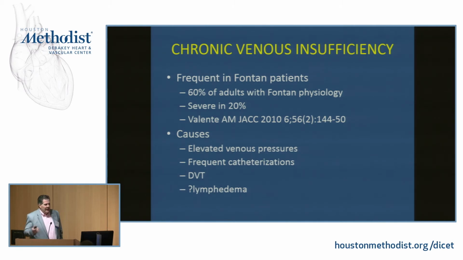This is caused by elevated venous pressures. Lymphedema probably plays a role. They've all had frequent catheterizations and trauma to their femoral venous vessels. DVTs because of static flow or venous stasis may contribute as well.